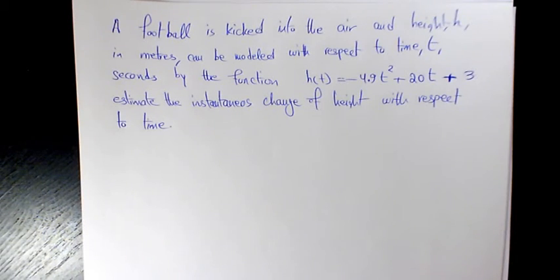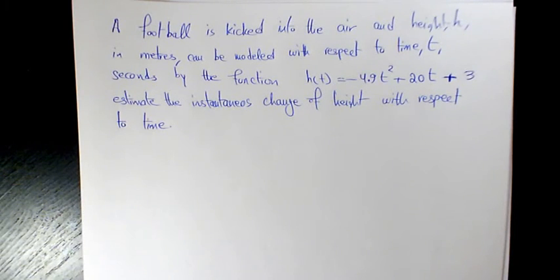Let's take a look at this example to find out how to calculate instantaneous rate of change, which, as I said earlier, uses the same formula. But whenever you are dealing with instantaneous rate of change, in the beginning you have only one time.